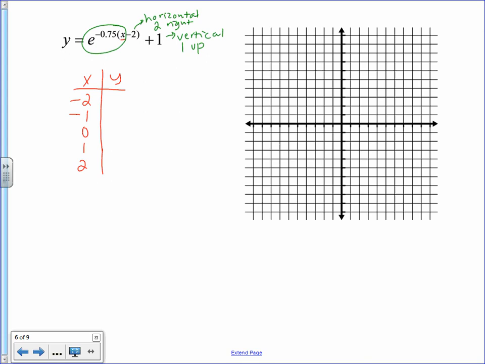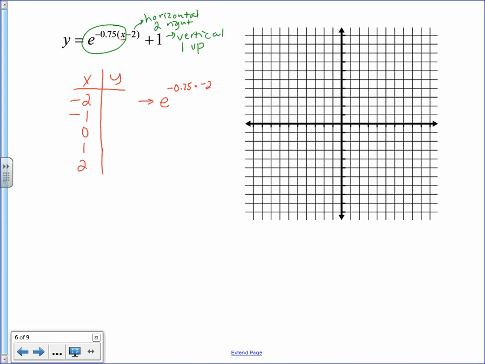All right, when I plug in -2 as my x value, I am evaluating e to the -0.75 times -2 power, right? It's not going to be a pretty number. You have to find the e button on your calculator, which is usually located in the area of your exponents, your x to the 2nd power, your logs.